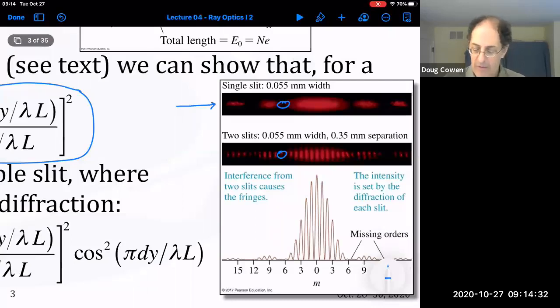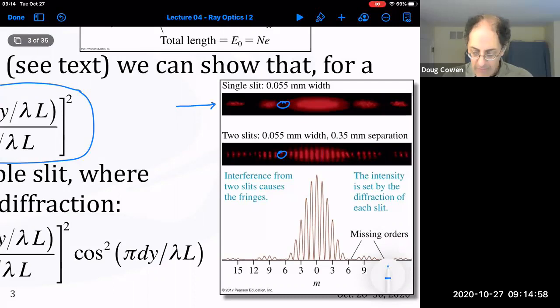So effectively, the diffraction pattern suppresses the interference pattern. Just like in the middle here, you see, for example, a dark fringe right there. There, the interference pattern has a 0. There's destructive interference, and it suppresses the diffraction pattern, which would otherwise be bright there.